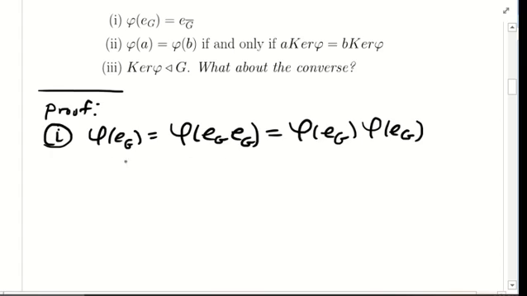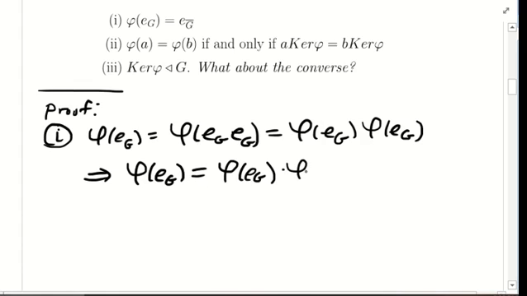Okay, so we've shown that the image of the identity is itself squared. So I can use cancellation, right?